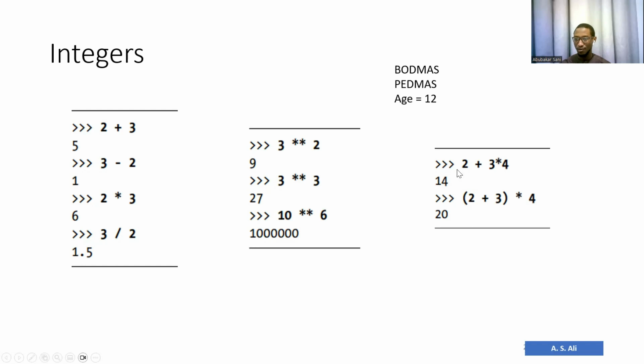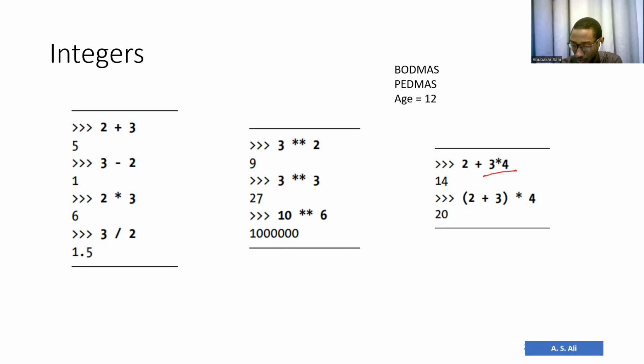So when you have a simple arithmetic operation, you have 2 plus 3 times 4. So this part will be handled first before the next part. So the multiplication will come first, then the addition comes afterwards. This is the order of precedence.